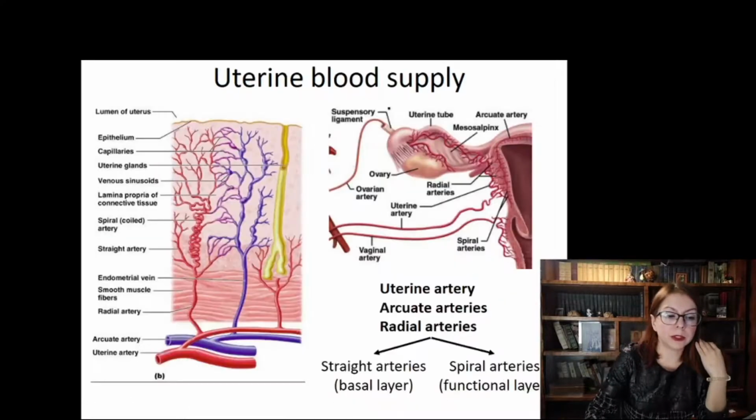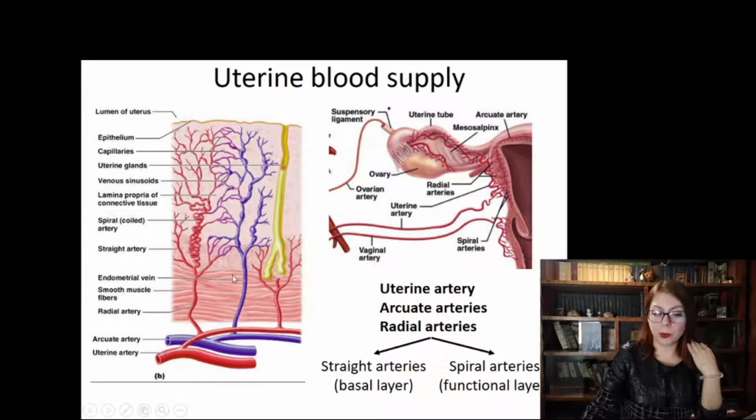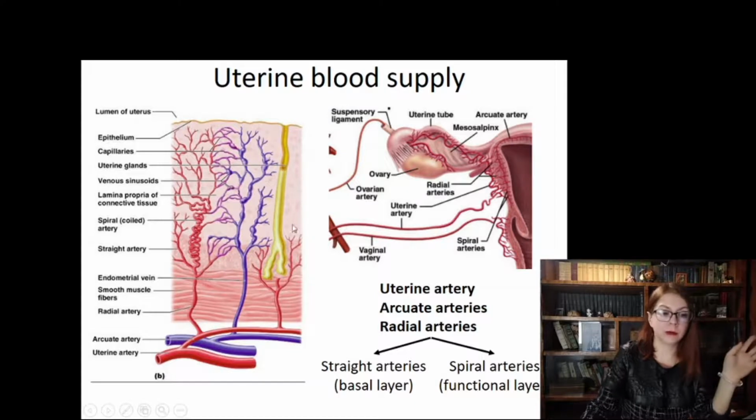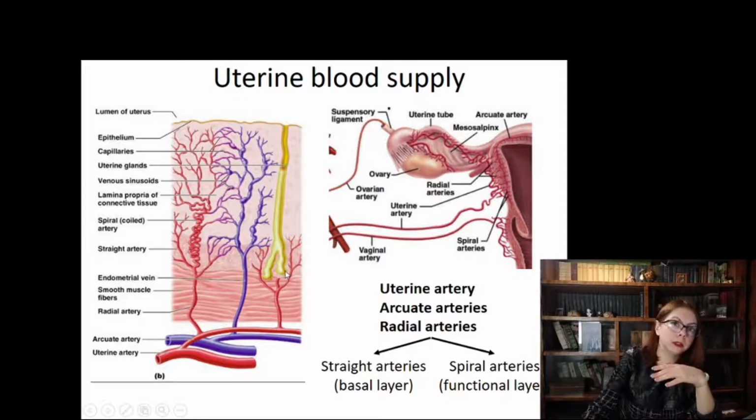If we return to the previous slide, we'll find out that in the endometrium there are glands, and bottoms of those glands are hidden in the basal layer, while glands themselves are also present in the functional layer. So when functional layer is rejected, when it is degenerated, bottoms of glands remain in the basal layer, and they are used as the source of regeneration.